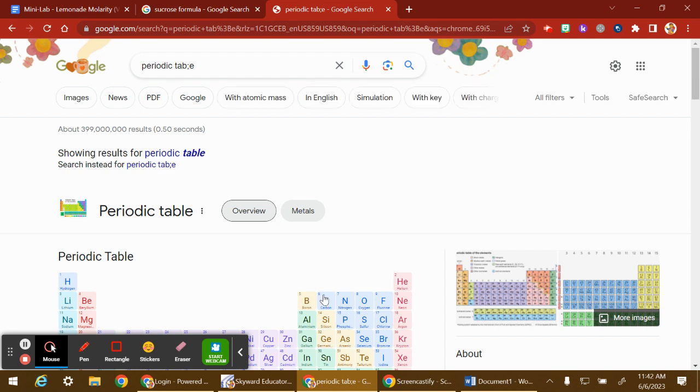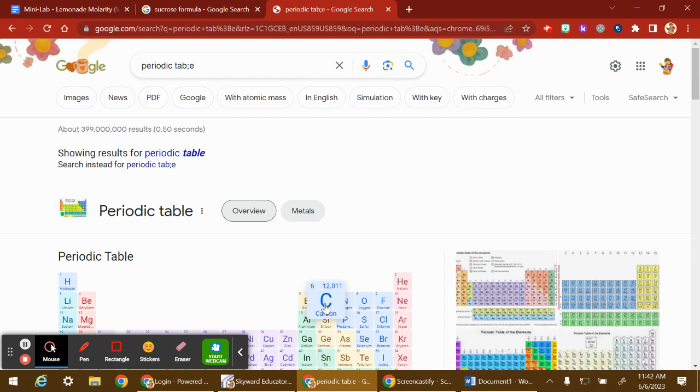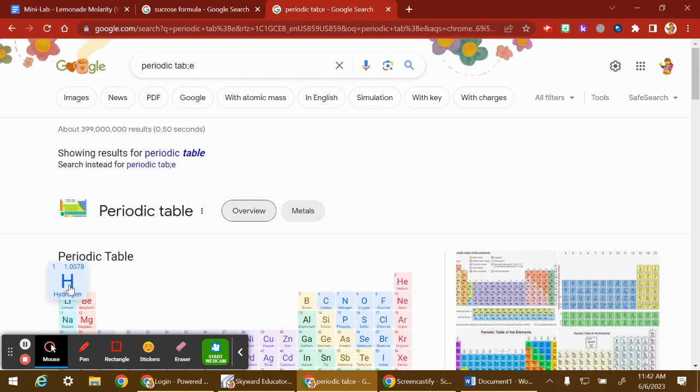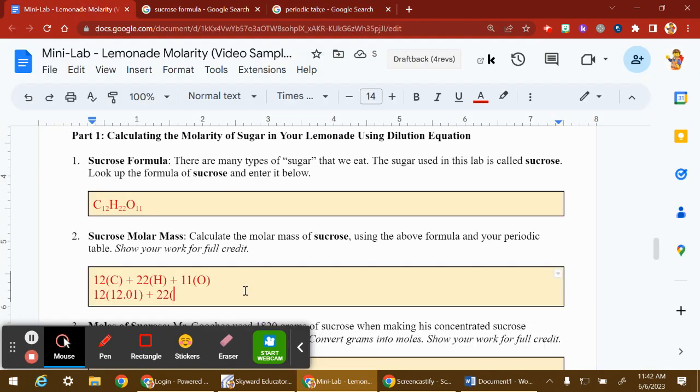Carbon has a molar mass of 12.01. So 12 times 12.01 plus 22 hydrogens, and hydrogen has a molar mass of 1.008. And 11 oxygens. Oxygen I know to be 16.00.